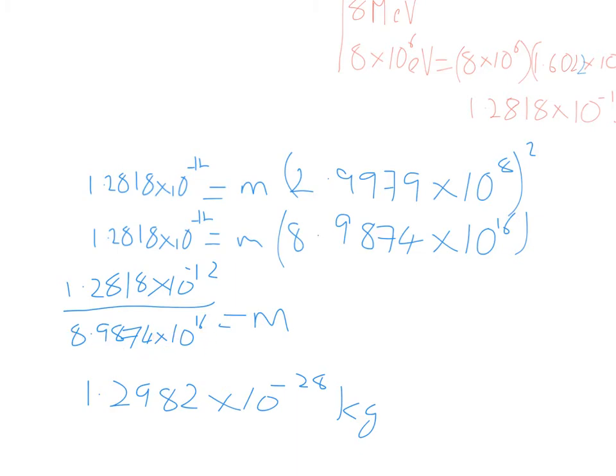Now obviously it'll work the opposite way for converting mass to energy. The mass is going to be multiplied by the speed of light squared, but that's just something to bear in mind if you do end up with a number that seems really odd. Just check, well, were you putting in a very small number to begin with, and then were you dividing it by something very big, for example.